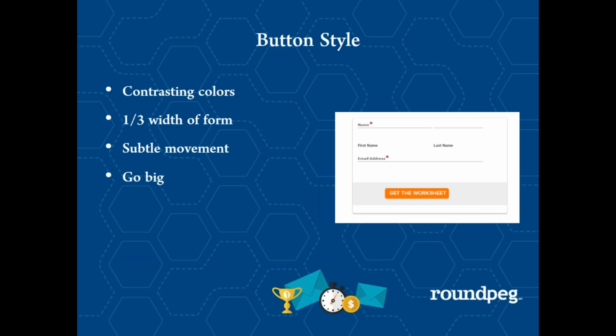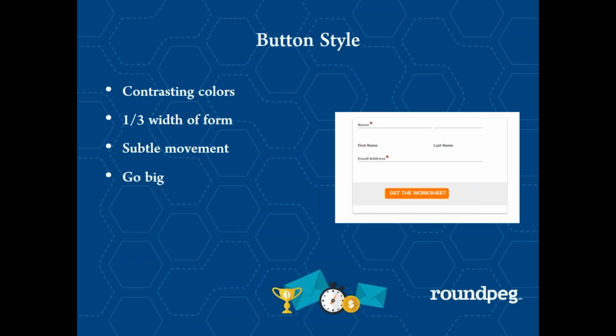I'm not a big fan of red unless that's one of your brand colors, because red sends mixed signals. On the one hand, it can get people excited, their heart rate will go up, they'll be interested, but red also says stop, danger, warning. So I tend to prefer orange versus red for buttons.